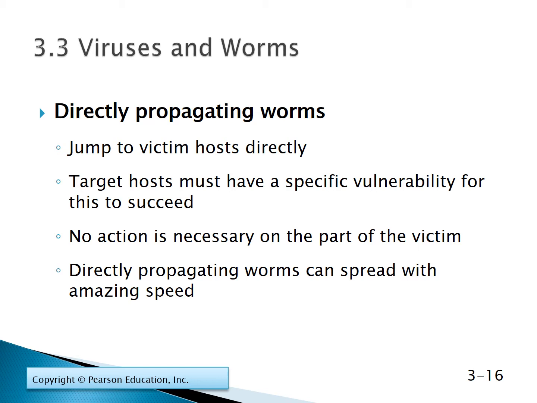Because once I infect a new computer, this new computer can then also help me infect some more other computers automatically. So when you have this kind of attack, the growth is very fast.